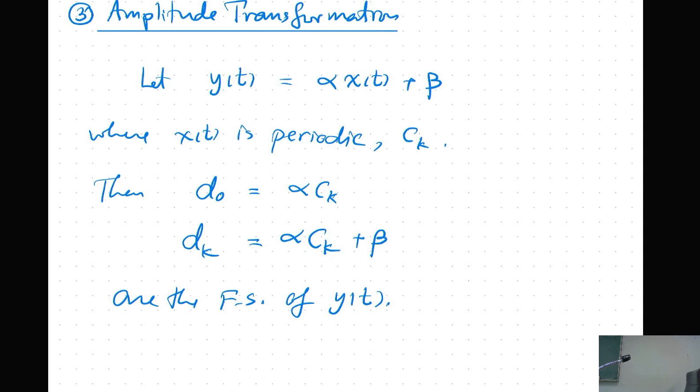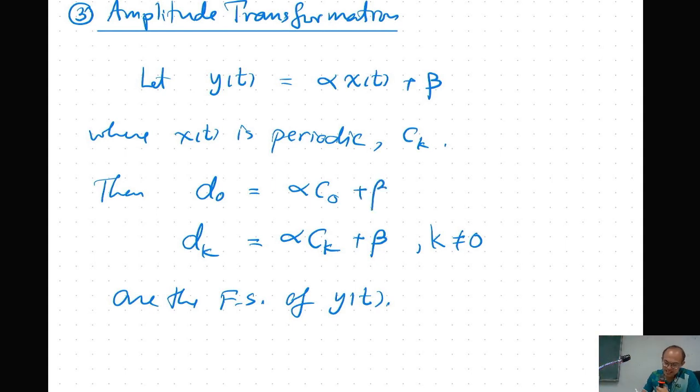For amplitude transformation, for d0, the DC component, you don't add beta to the other terms. Sorry about that, it has to be the other way around.